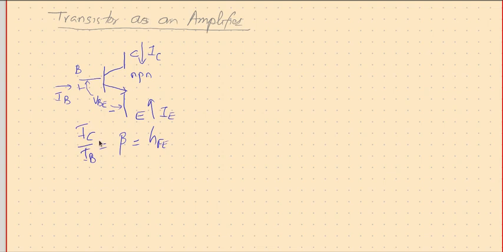This is a major reason why the amplification can be seen. So you just look at this expression. The IB decides what should be IC.